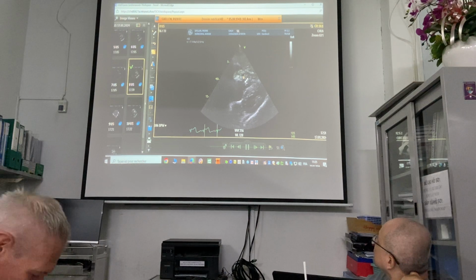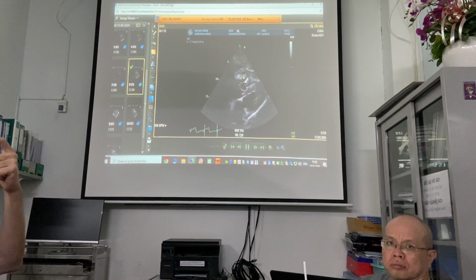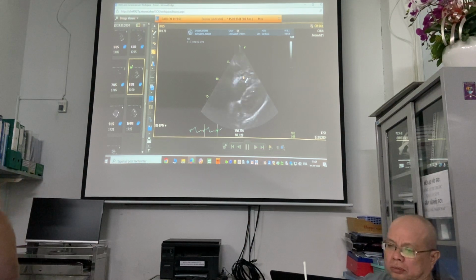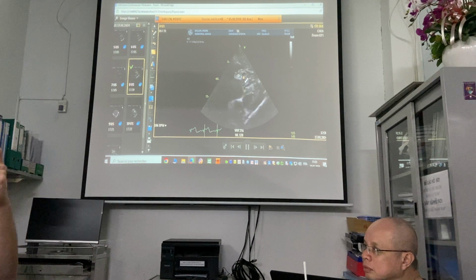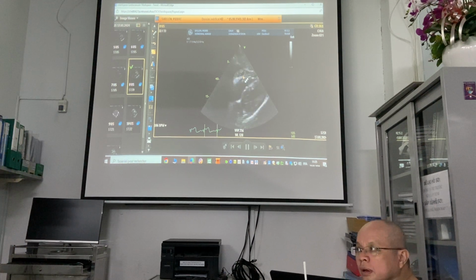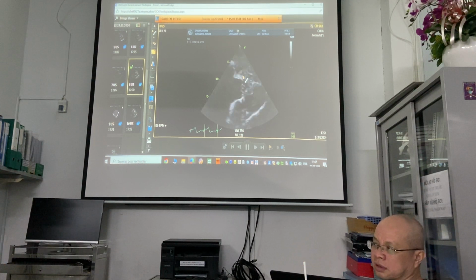There is a small lake of blood in the wall. So what I think happened, the patient had some adherence, and the tip of the pigtail of the drain is quite stiff, and when I moved it, probably it lacerated the wall of the right ventricle, and the patient started to bleed inside.